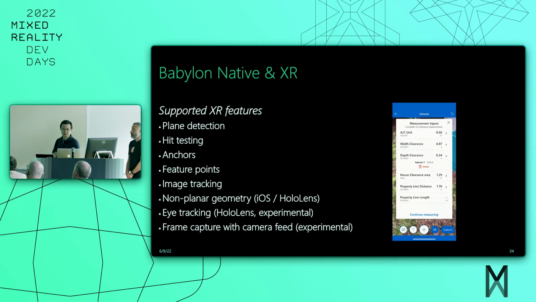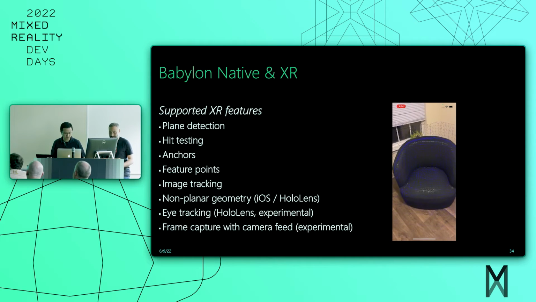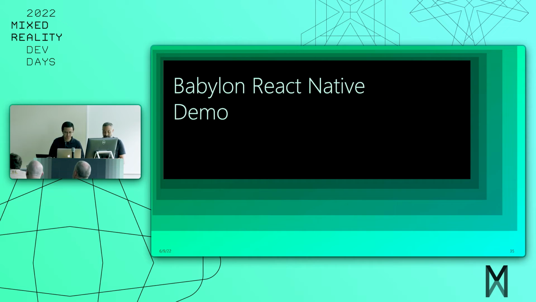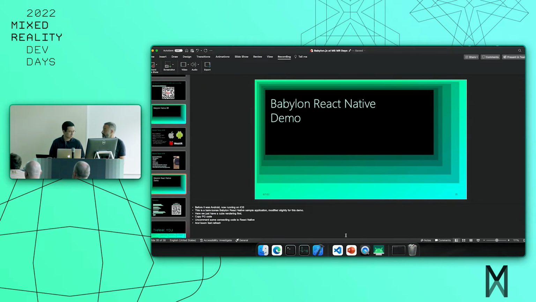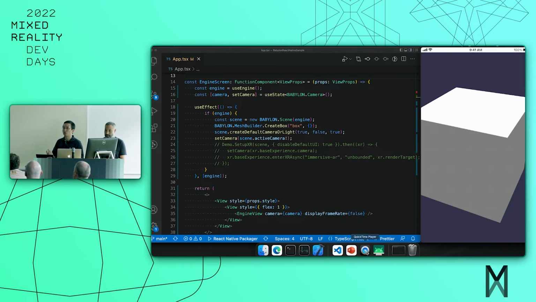All right, so let's try and do this in a real demo. I'm going to switch over. Here is a bare bones Babylon React Native app right now. All I have is a box being rendered, and you can see Ronan moving the cube around.